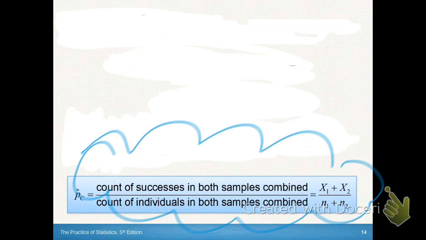So we're going to calculate some value that we're going to call p hat sub c, which stands for p hat combined. The way you do that is you take all of your successes, add them up, that's your new numerator, and all of your trials, add them up, that's your new denominator. So we're going to use that value in any place where we would have used the p sub 1s or the p sub 2s.